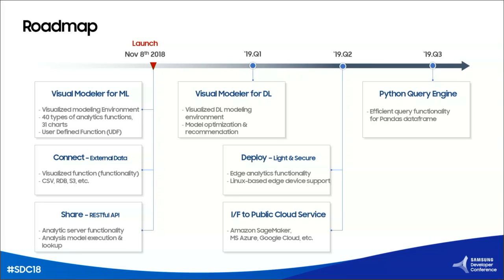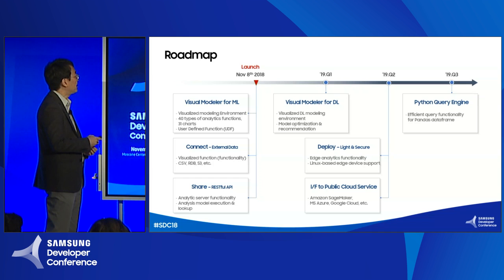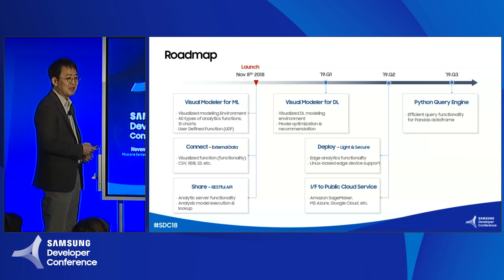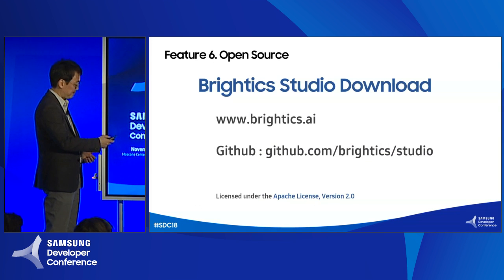Today we are launching 1.0. It includes visual modeling, 40 types of analytics functions, user-defined functions that you can add, a library to connect to external input data sources, and sharing your model with others using a RESTful API. This is available as of now. You can download it from this website, this address.